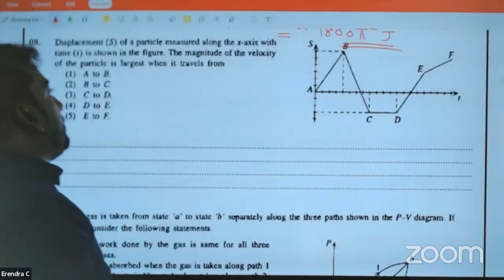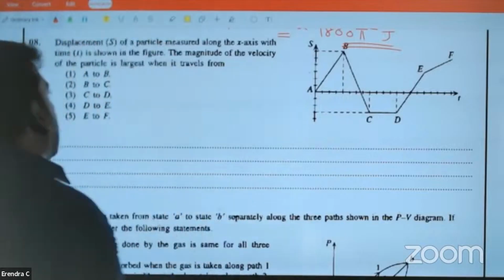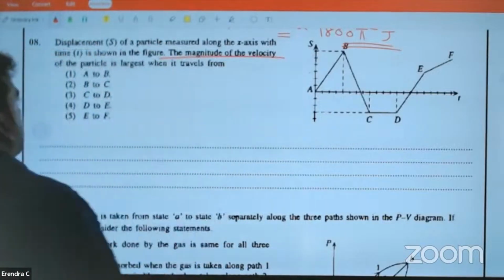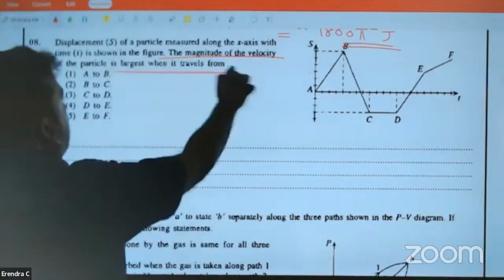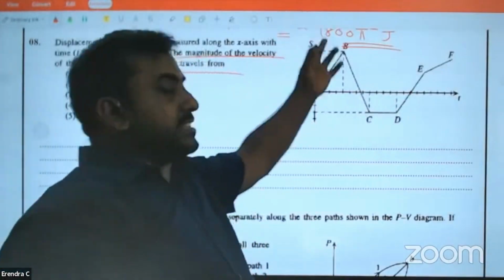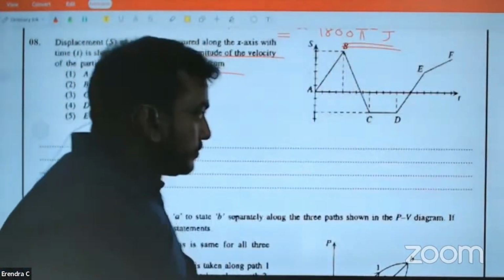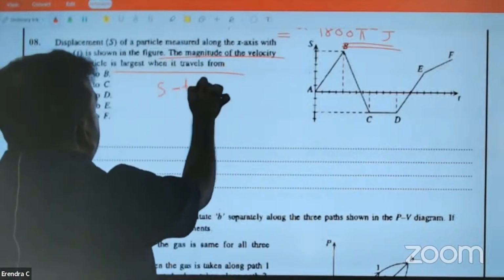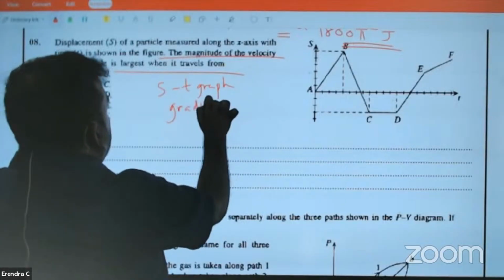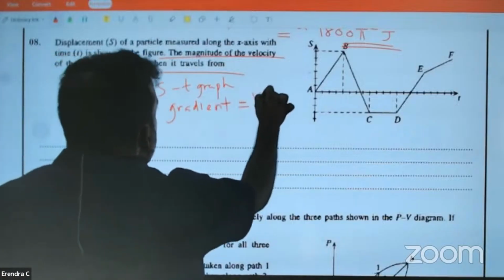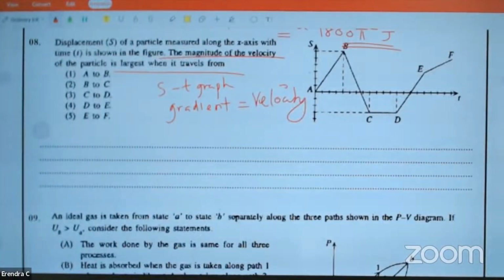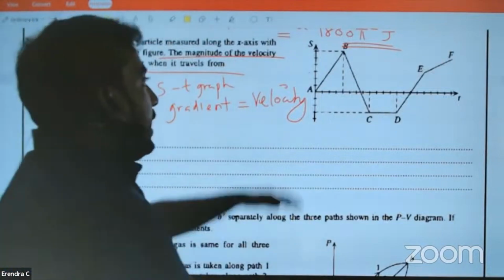Now, displacement of a particle measured along the x-axis with time is shown in the figure. Magnitude of the velocity is largest when it travels. Now, what kind of graph do you have? You have a displacement time graph. Gradient gives you velocity. Now you must select.